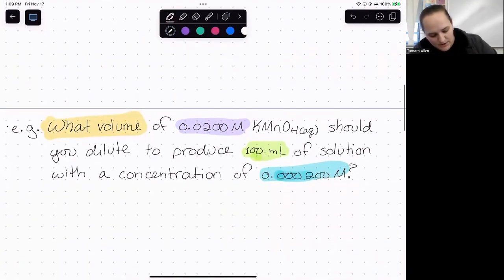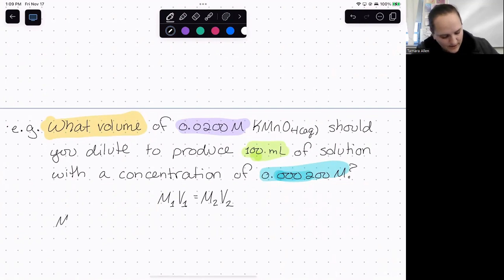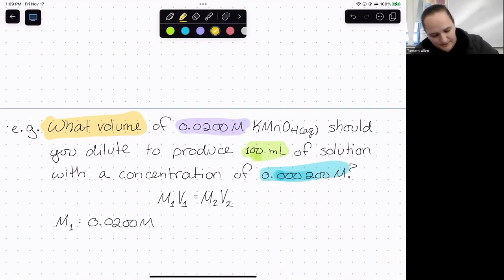So again, we're going to be using that same relationship, M1V1 equals M2V2. Our initial molarity before dilution was 0.02 molar. So this was our M1. Our initial volume is the thing that we're solving for here.